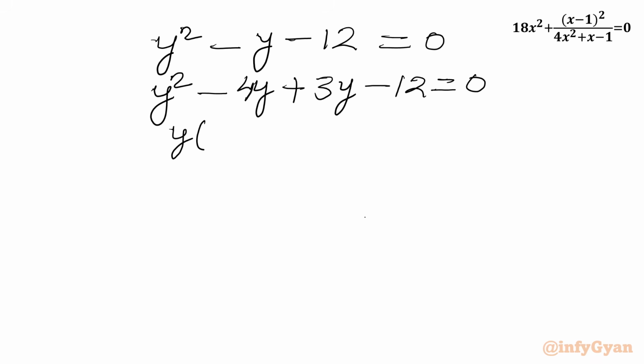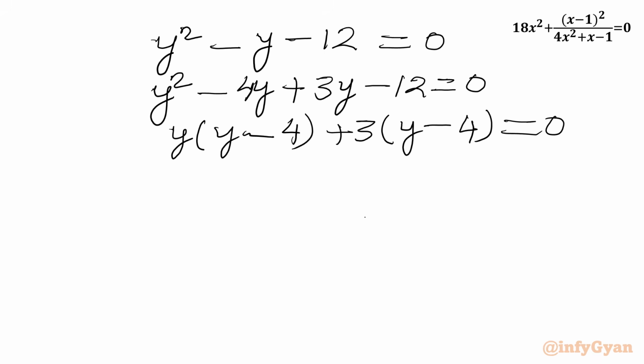From the first two terms y is common, we'll write y minus 4. From the next two terms we'll take 3 common and we'll retain the bracket y minus 4 over here. Now we'll take y minus 4 common out. So we will get y plus 3. This product equal to 0.